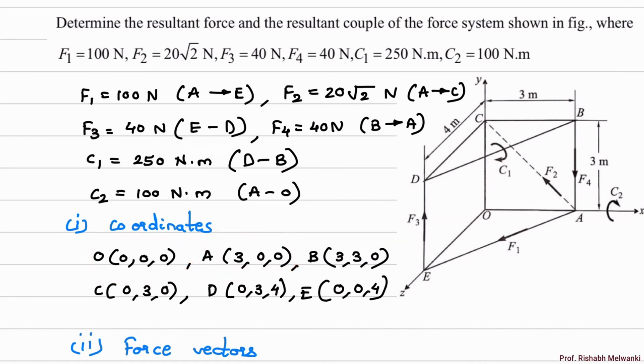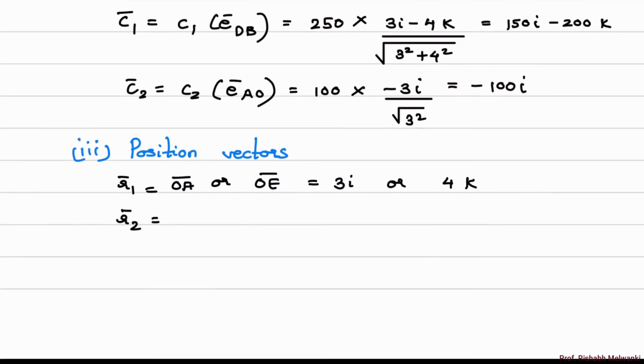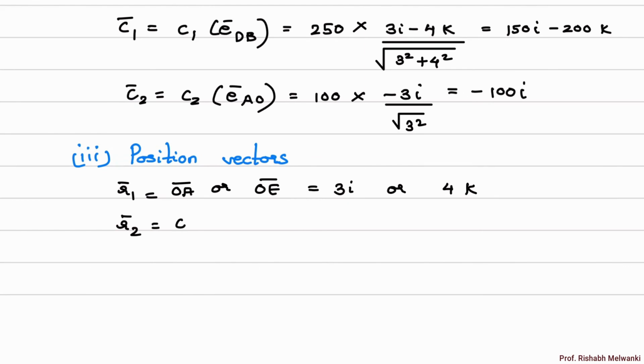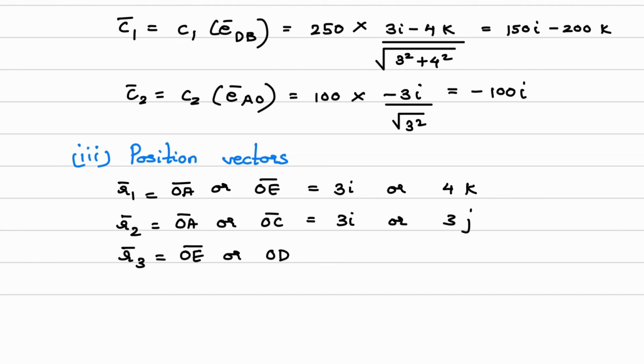If you consider OC, it will be C minus O, meaning 3J. So I'll write down: this can be OA or OC, which is 3I or 3J. Similarly, the position vector of force 3 will be OE or OD, which is equal to 4K or 3J plus 4K.